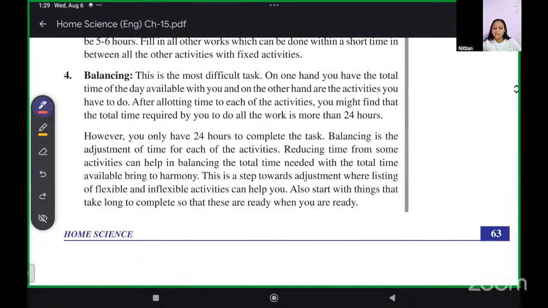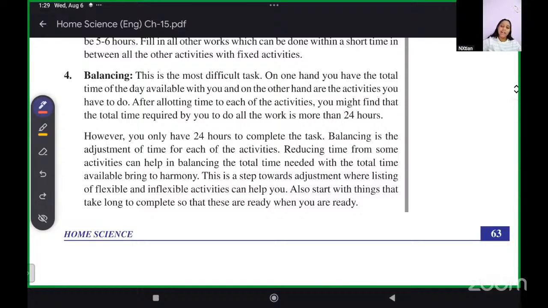However, you only have 24 hours to complete the task. Balancing is the adjustment of time for each of the activities. Reducing time in some activities can help in balancing the total time needed with the total time available, bringing it to harmony. This is a step towards adjustment where listing of flexible and inflexible activities can help.